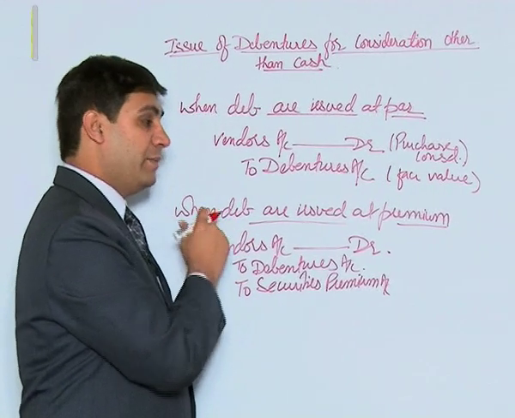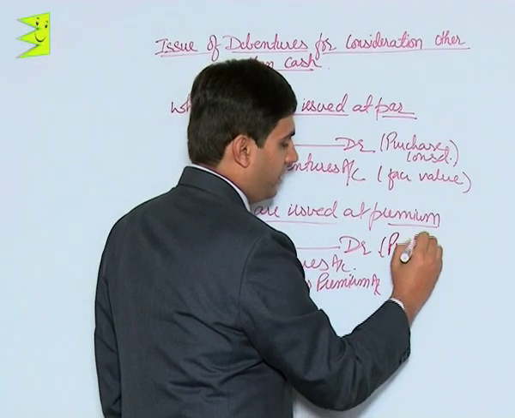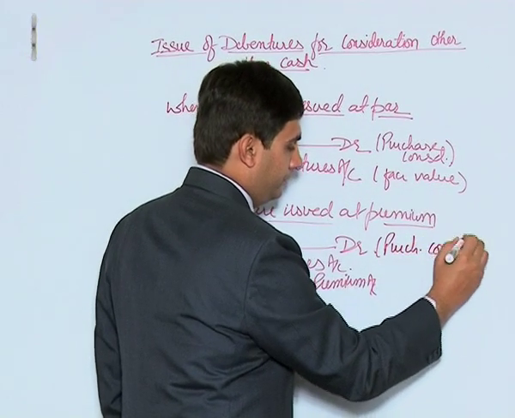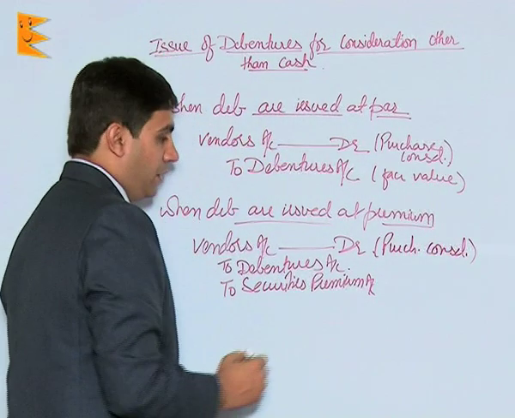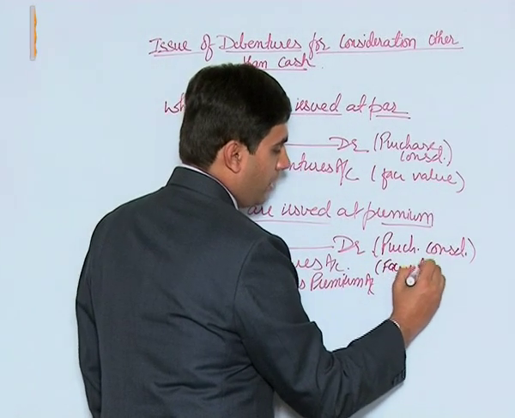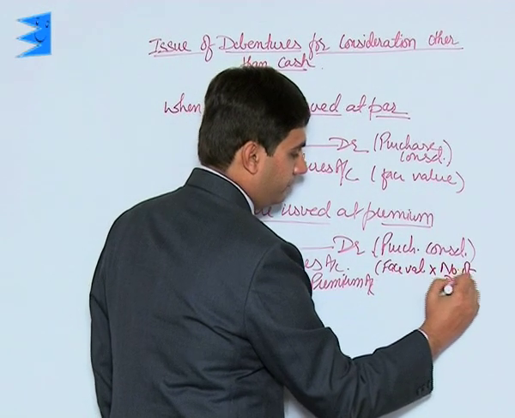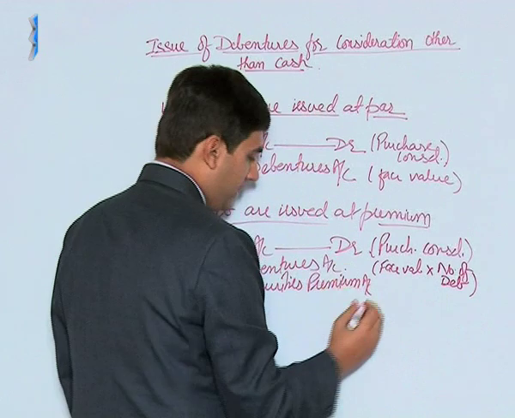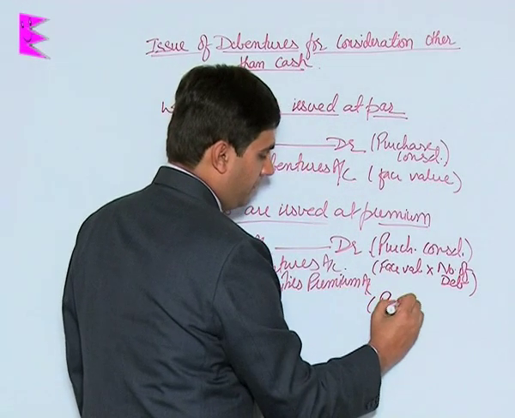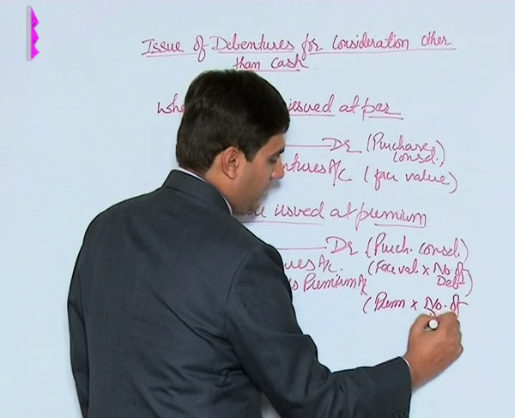Then, when debentures are issued at premium, the vendors will have purchase consideration to be paid to them. Debentures will show face value into number of debentures. And in case of premium, it would be premium into number of debentures.